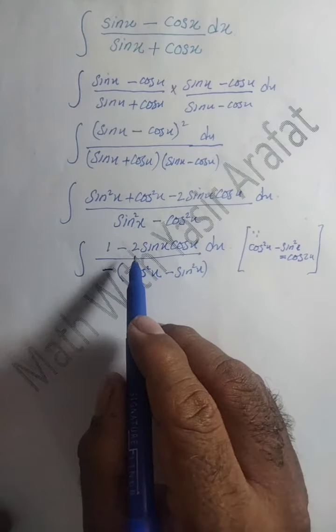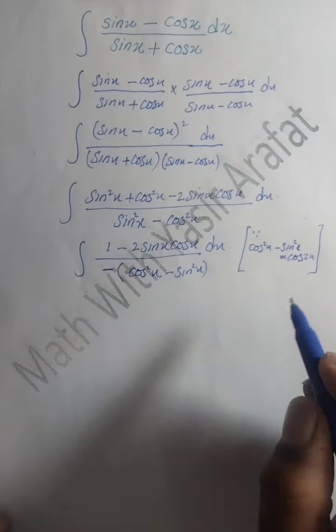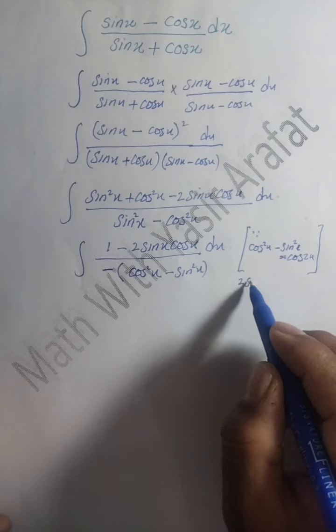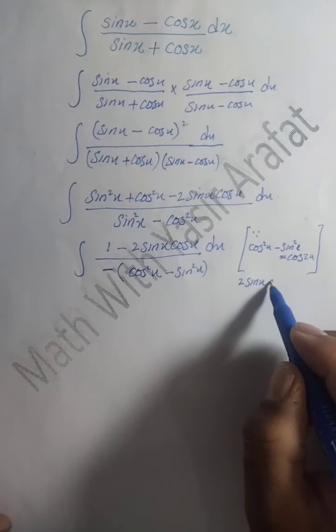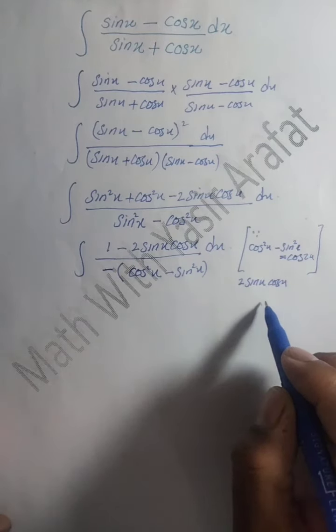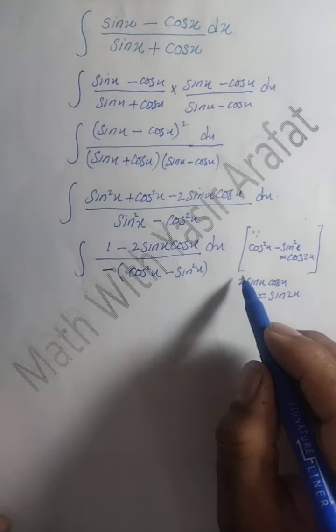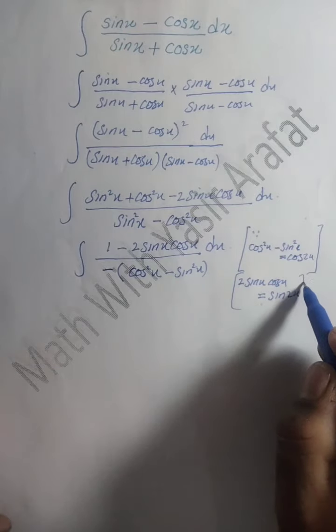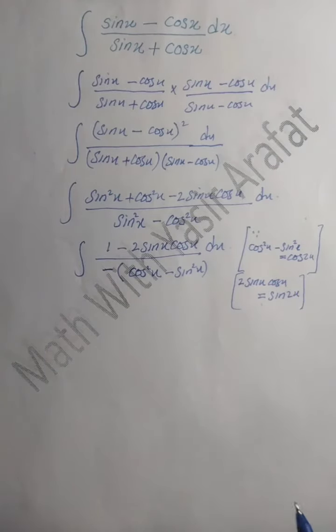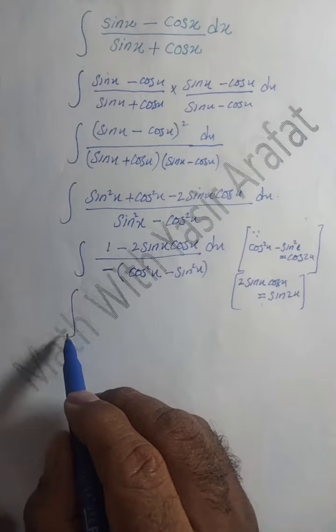And we have another formula, 2 sin x cos x is equal to sin 2x. So these two formulas we have discussed in the first year trigonometry portion. So here we just have to put their values.